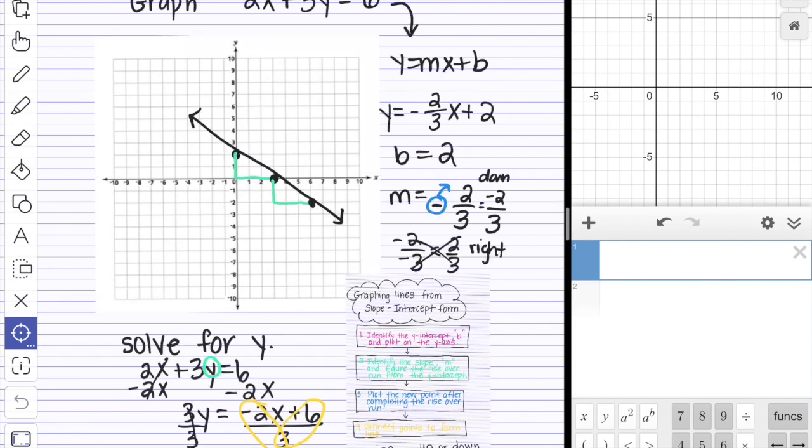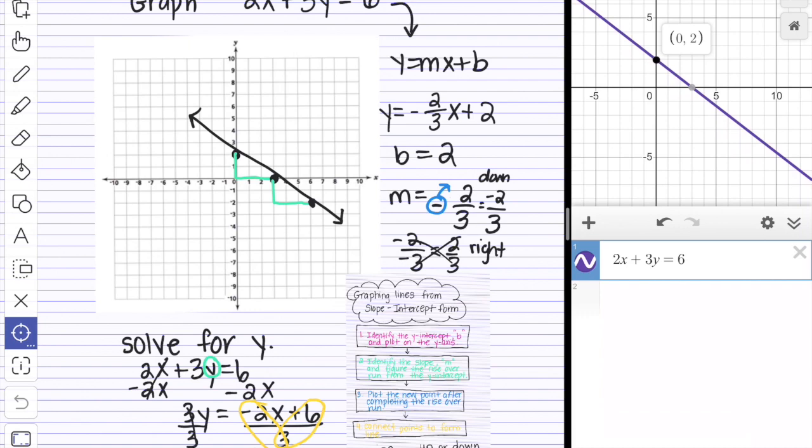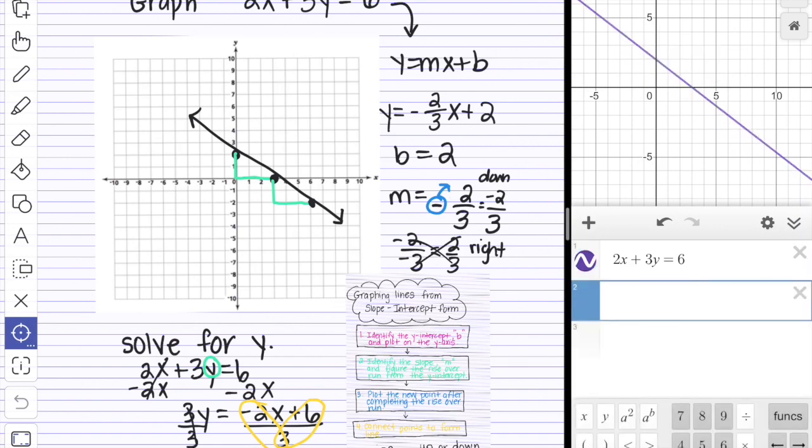All right, the other problem that we had, now I'm going to do this both ways. I'm going to put it in standard form. And I can actually see my graph here. I can see that my y-intercept is at 2, and I can see that I have that value at 3, 0. I can also graph the one that I solved for, y equals negative 2 over 3.